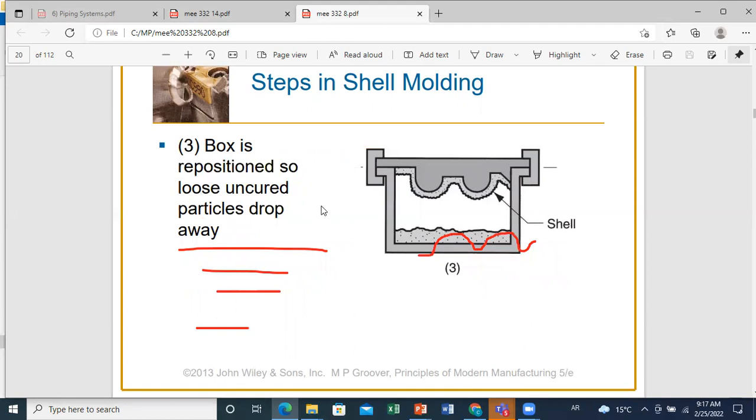So loose uncured particles will drop away, while particles that were, if you want, subjected to heat treatment will be adhesive to the pattern, and they will create a certain layer around this pattern. This will allow you to create thin patterns of your final. If you desire to create a thin mold, this is a possibility to use shell molding.